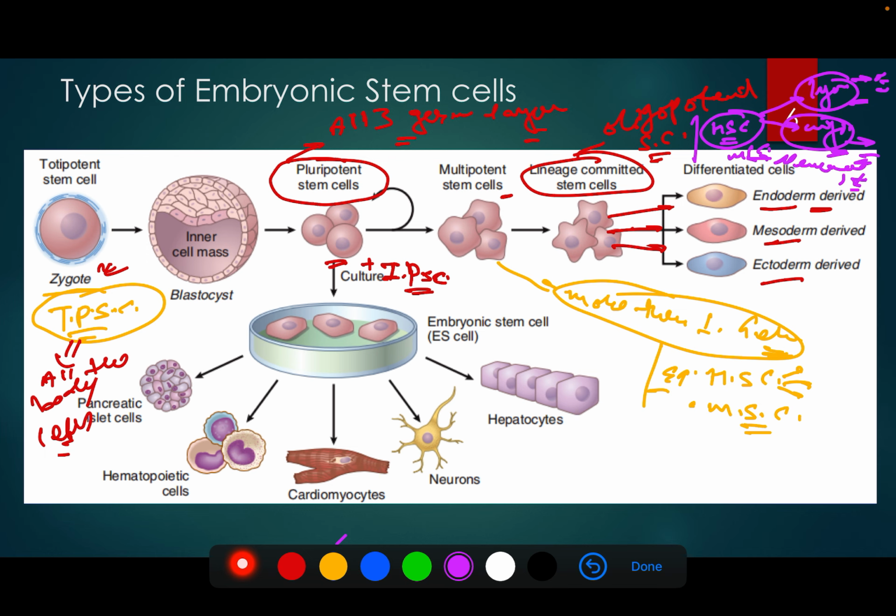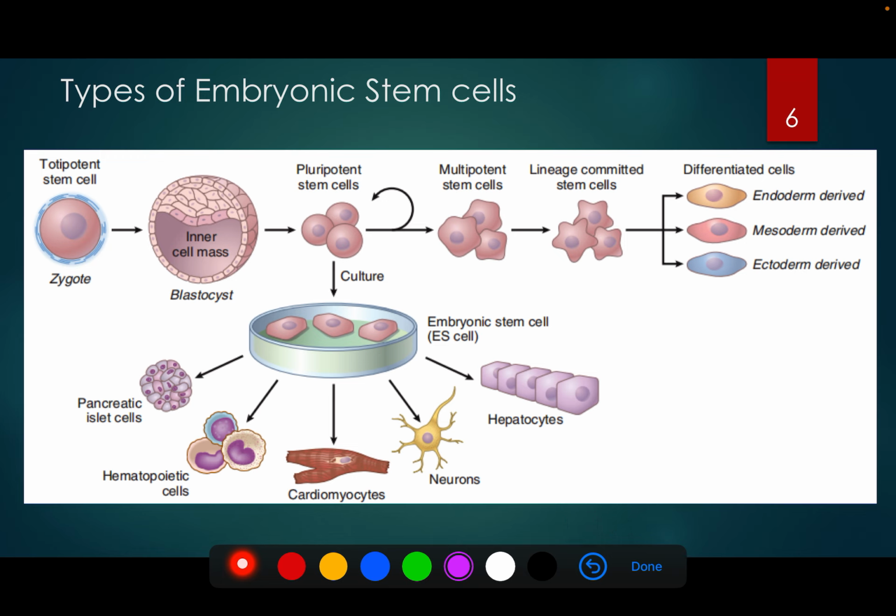After that, we have one more type that is not mentioned over here. This type is what? This type is the unipotent or monopotent. This unipotent or monopotent stem cells are committed to form only one type of cell specifically.